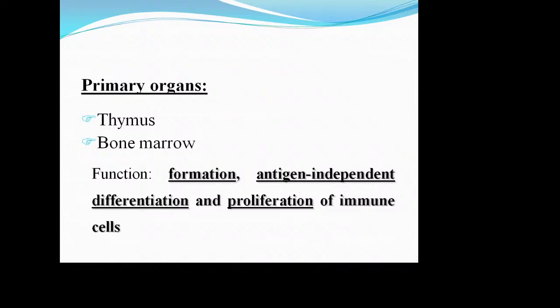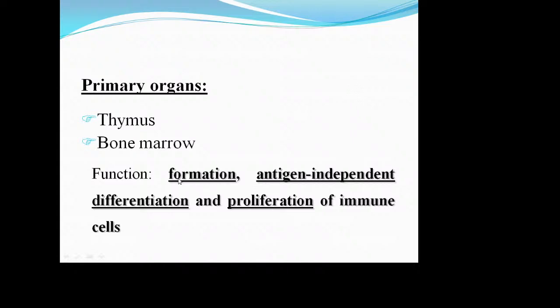Primary organs include thymus and bone marrow. The main functions of these organs are: the first one, formation; the second one, antigen independent differentiation; and the third one, proliferation of immune cells. So what happens in thymus and bone marrow?